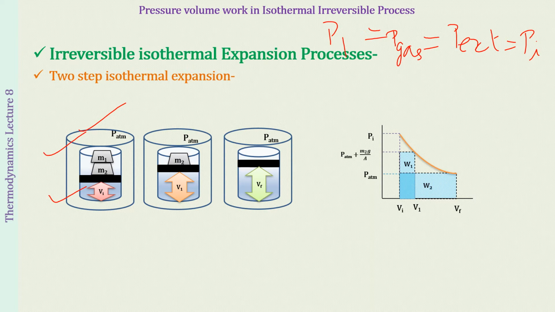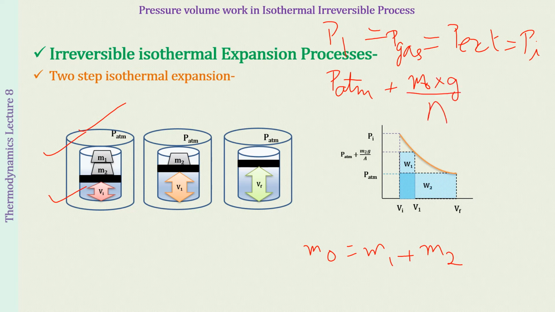So we have the pressure outside because of the pressure of the atmosphere plus m naught mass, where m naught is equal to m1 plus m2, right? And m naught into G over A is going to be the pressure because of these two weights. This is equal to the external pressure, and the external pressure is going to be equal to Pi. So this is what we have.